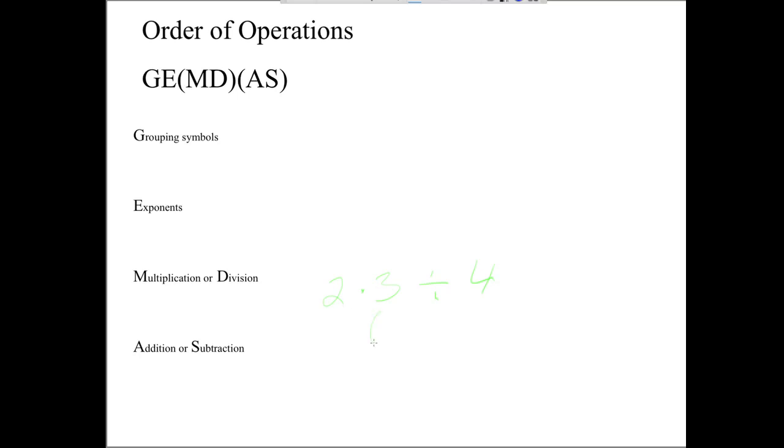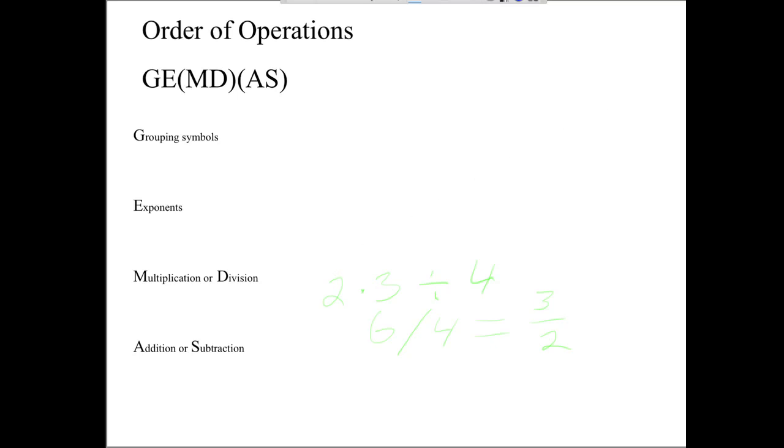This is 6 divided by 4, which equals, since they're both divisible by 3, 3 halves. This is an improper fraction, and that's an appropriate answer in this algebra class. We don't make it a mixed number.